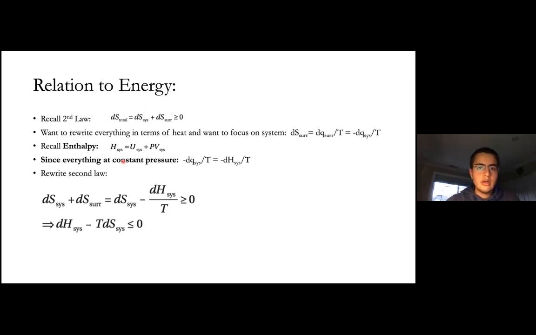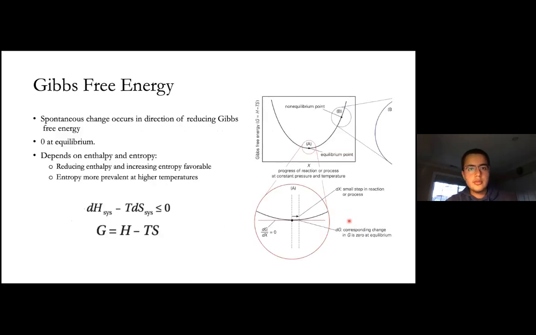And since everything in the body we're assuming is happening at constant pressure, we can rewrite this negative dq sys over T in terms of enthalpy, and we get negative dH sys over T. And we just put everything back into the second law, and we get this final equation, which should look pretty familiar, because essentially we're just rewriting this as dH sys minus temperature times the change in entropy, and we're introducing a new variable called the Gibbs free energy G, which is the enthalpy minus temperature times the entropy.